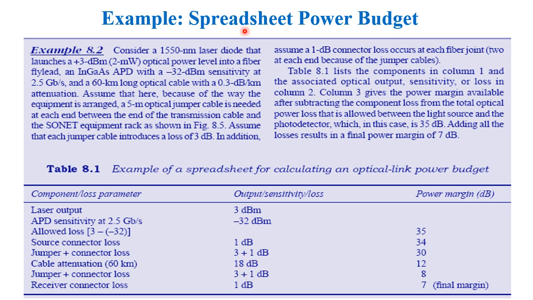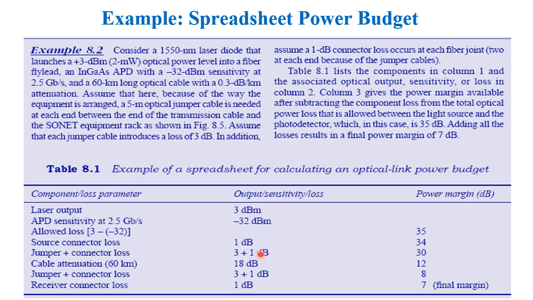Now from this we are going to find out the power margin in decibels. Here it is 3, and here it is minus 32, so the allowed loss, 3 minus of minus 32, that is 3 plus 32, it's nothing but 35. So the power margin is 35 decibels. Since the connector loss is a loss, we subtract: 35 minus 1 decibel, we write it as 34.